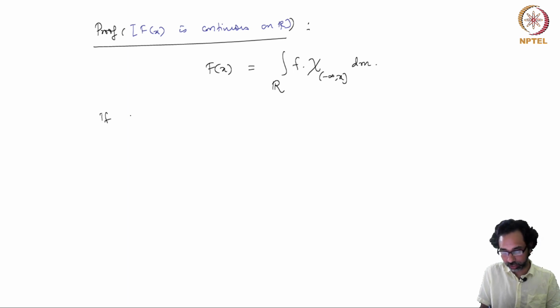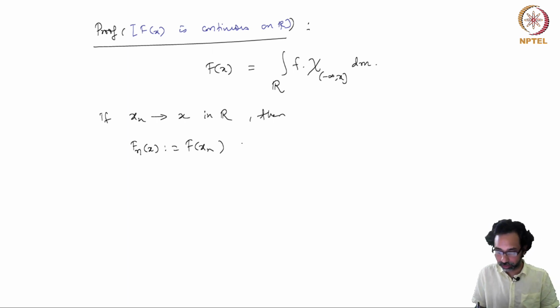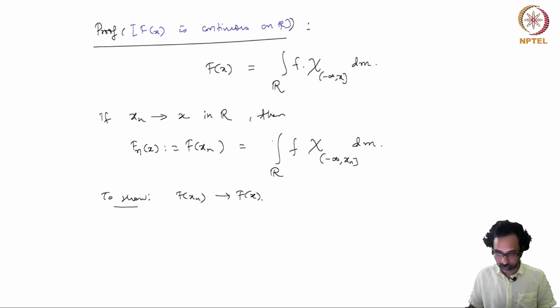then if you take any sequence xn converging to x in R, let me write F of xn, which is the integral over R of f times the indicator function of minus infinity to xn. And so we have to show that F(xn) converges to F(x), and this is not very difficult because we can use the dominated convergence theorem.